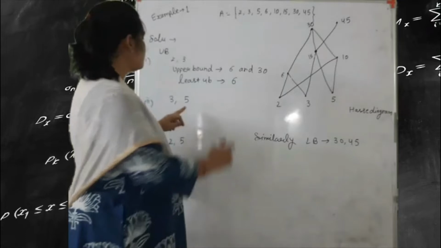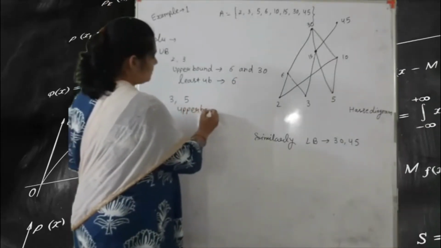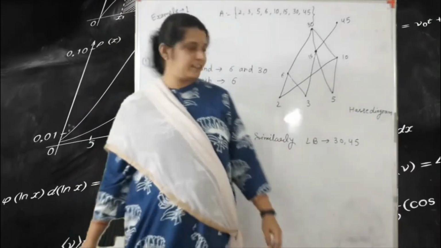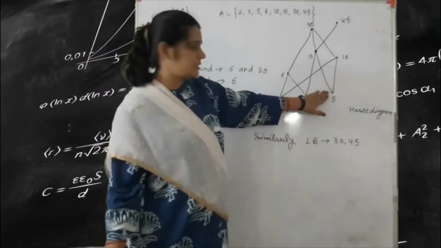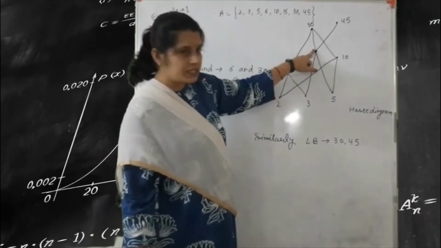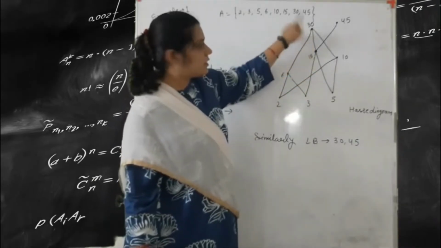Okay. So first we find the upper bound of 3 and 5. See here the Hasse diagram. This is the 3 and this is the 5. So according to 3, the upper value is 15. That means 3 related to 15 related to 30.